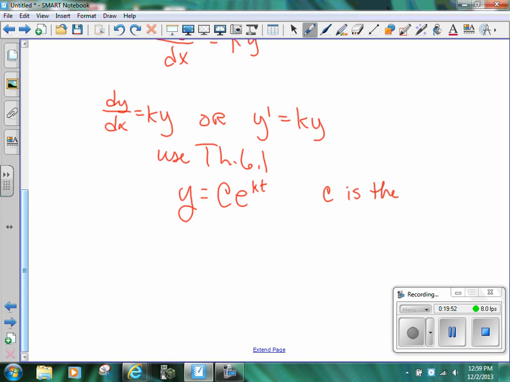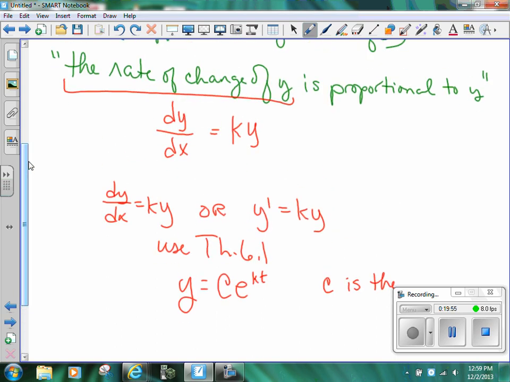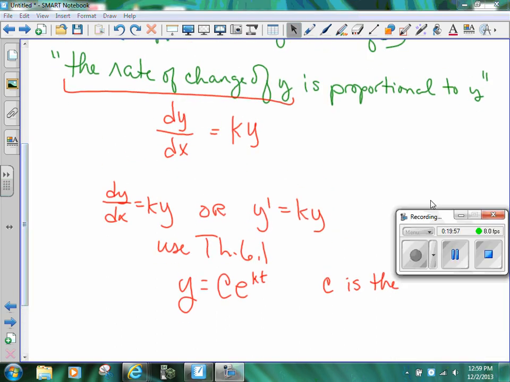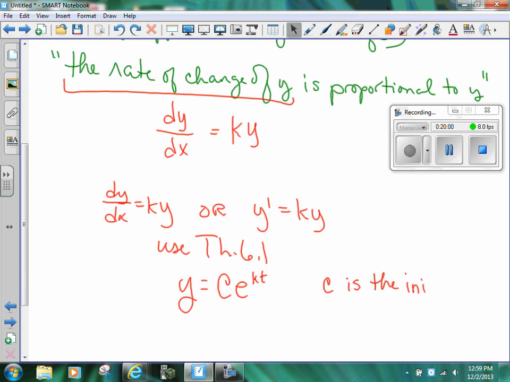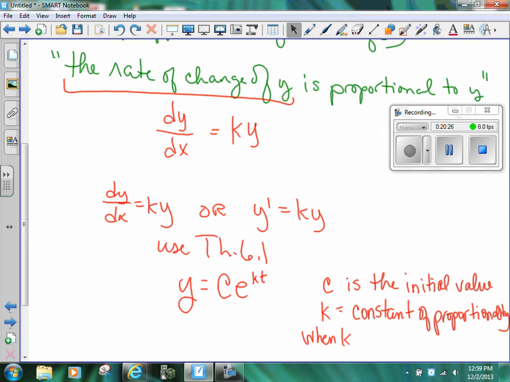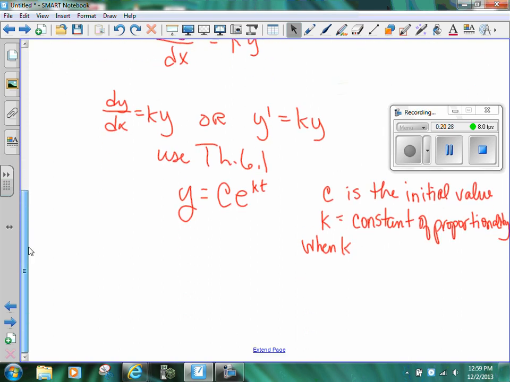Yep. C is the initial value. K is the what? Constant of proportionality. Is that good?